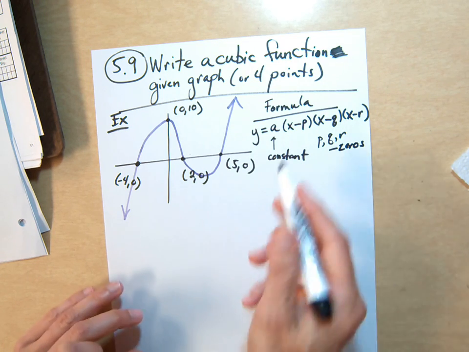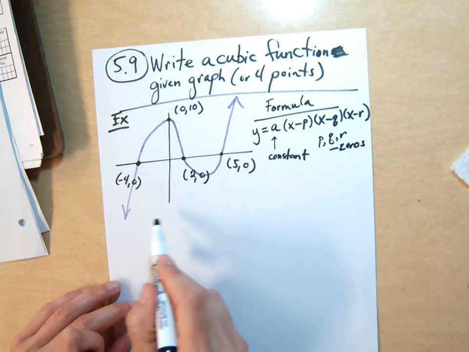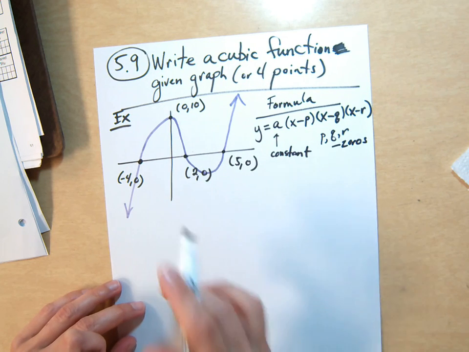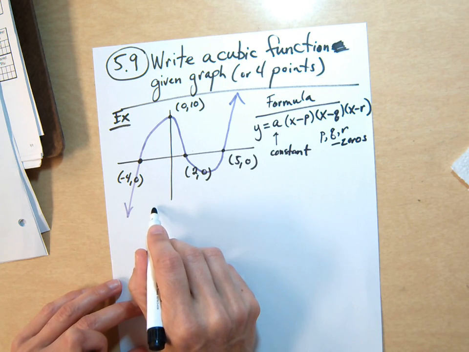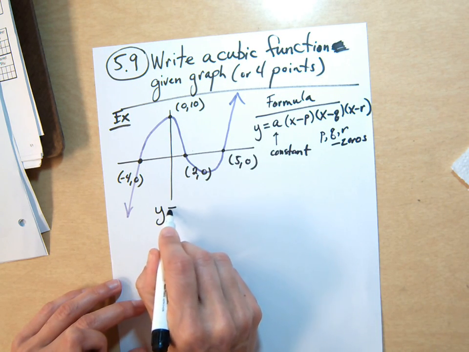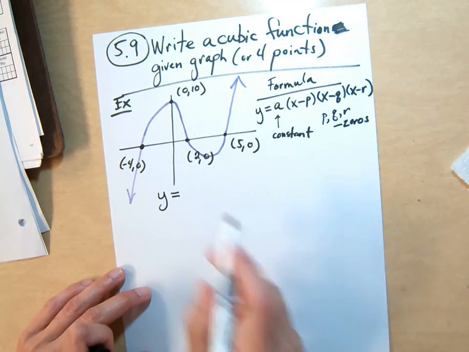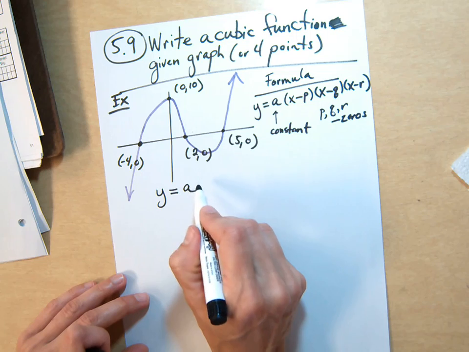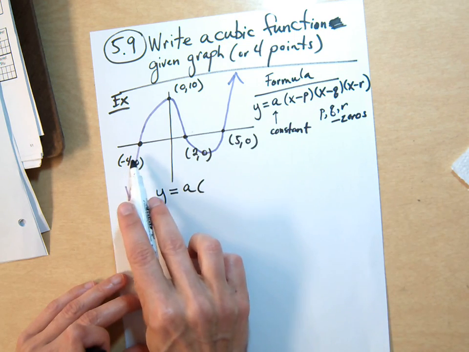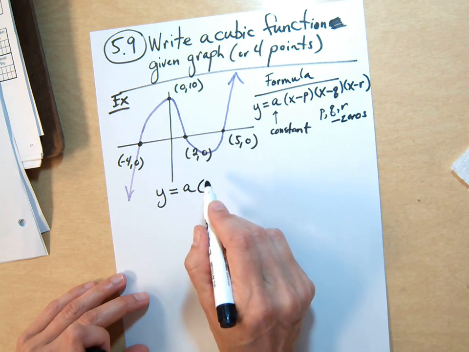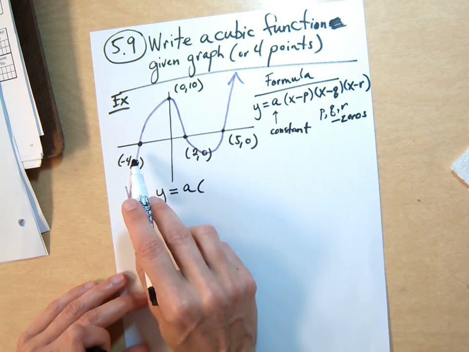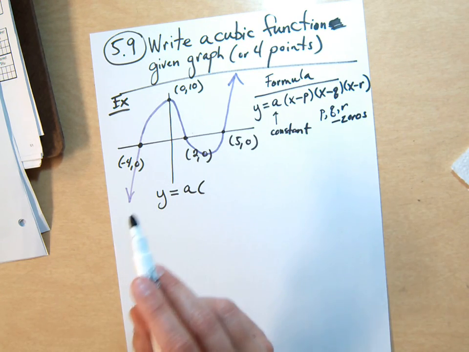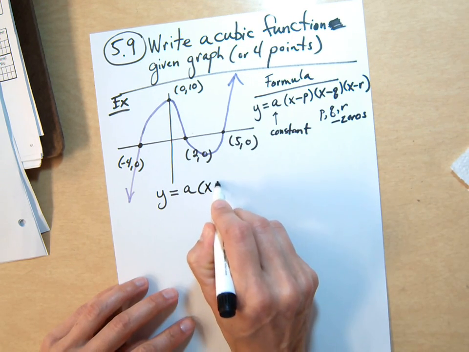So let's do this example. Just by looking at it, let's start writing the equation. So you get y equals, and then a we don't know yet. We'll solve for that. And then what would the first factor be if we read the zeros from left to right? If the zero is -4, therefore the factor is, good, x plus 4.